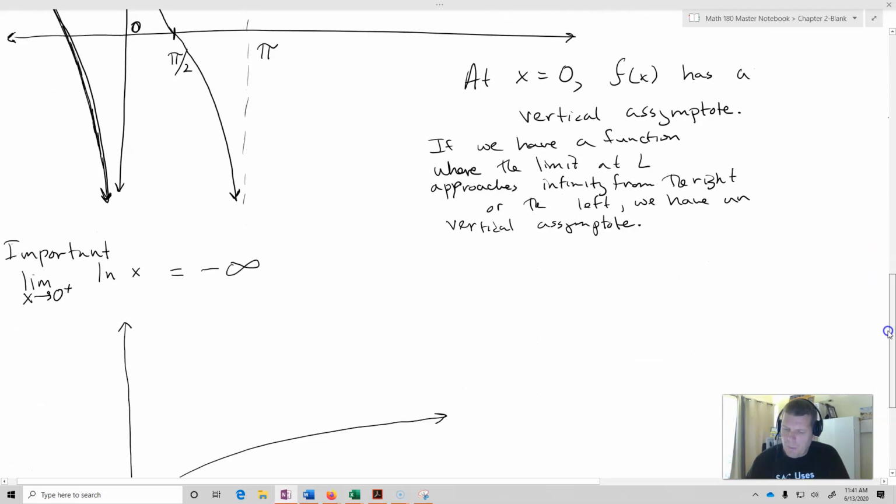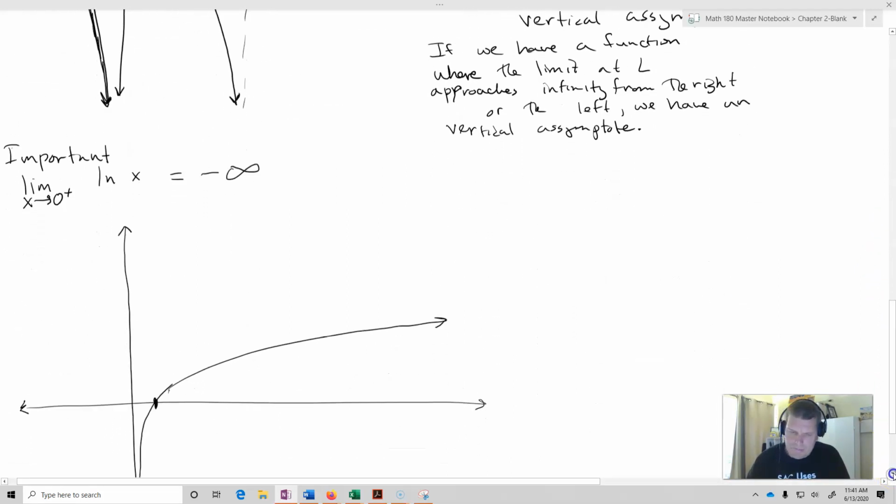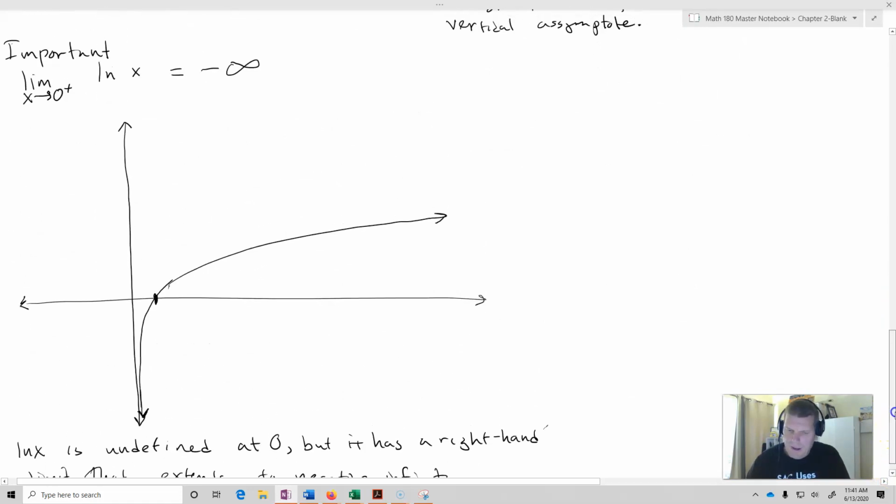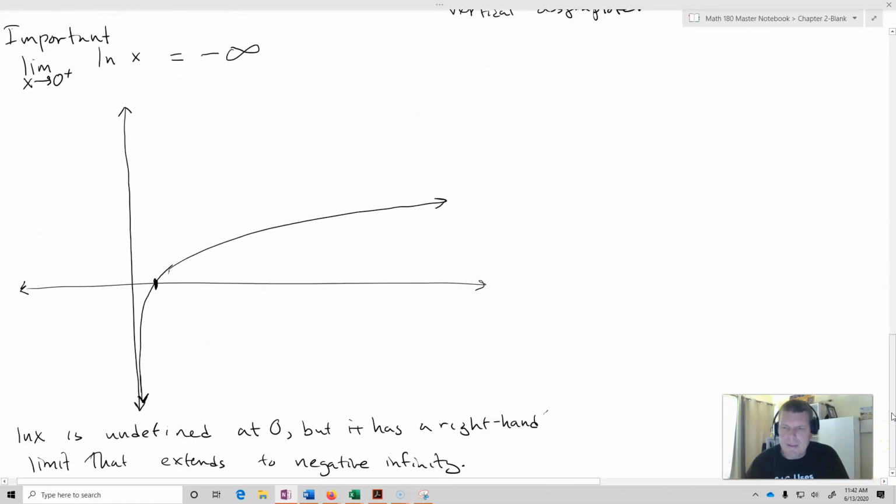Okay? And we've got one more, and this one's really important. This is the natural log of x. The limit as x approaches 0 from the positive side of the natural log of x is equal to negative infinity. So what we have there is a vertical asymptote going to negative infinity.